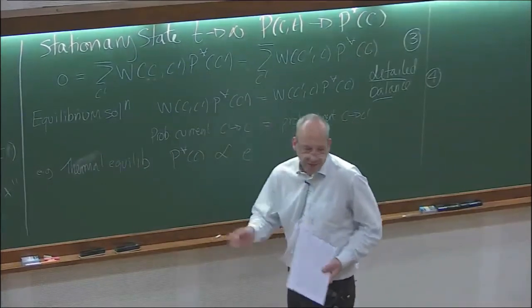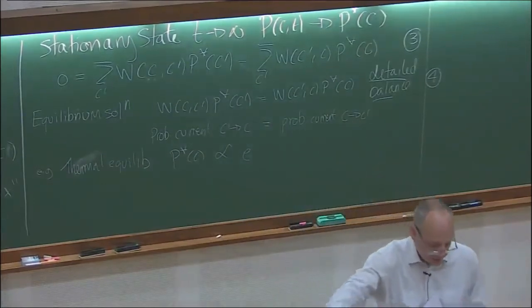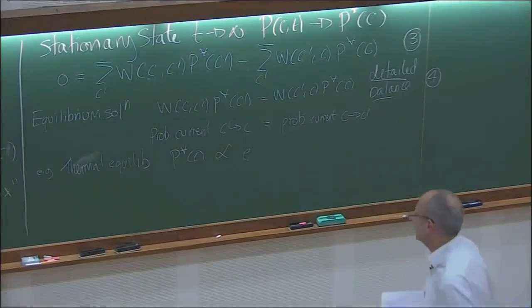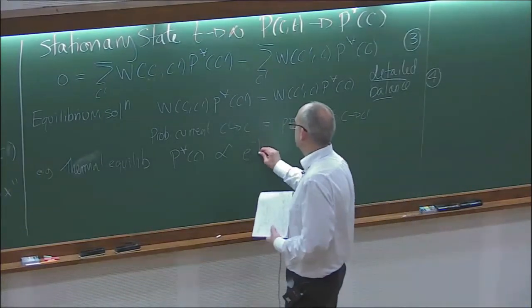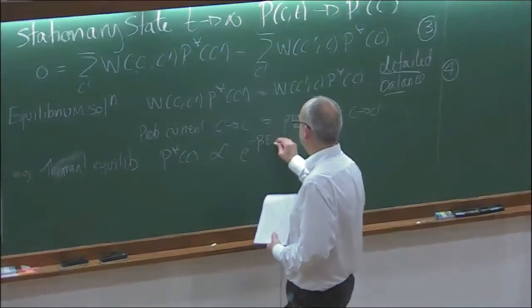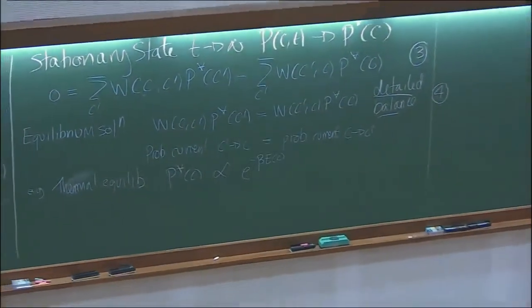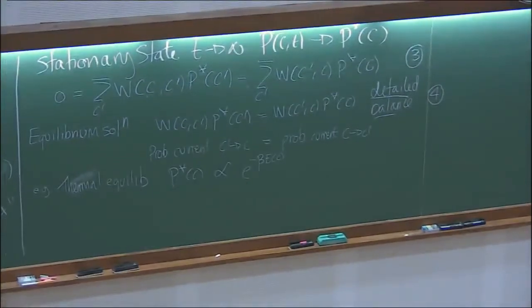So here I just consider thermal equilibrium rather than particle exchange. So let me just say it's e to the minus beta E_C. Oh, by the way, one thing I, of course, forgot to say way back over here is that this beta here, just in case you've forgotten, is 1 over kT, so it's inverse temperature.